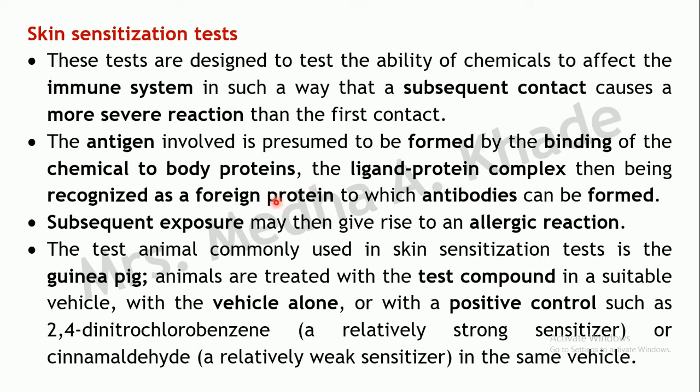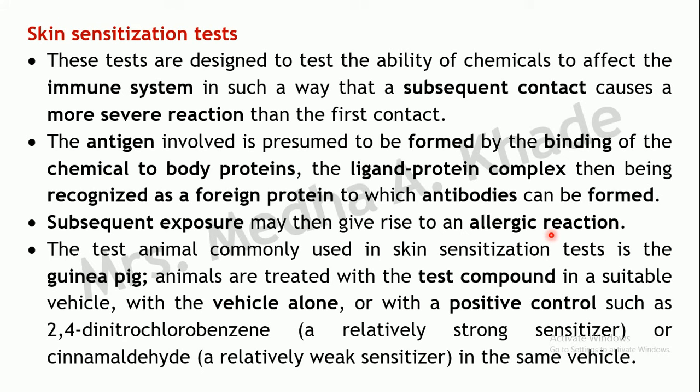Your body has now generated the antibody, so it will identify the chemical when it is subsequently exposed again, and it will result in an allergic reaction, and your body will start generating antibodies to destroy that antigen.